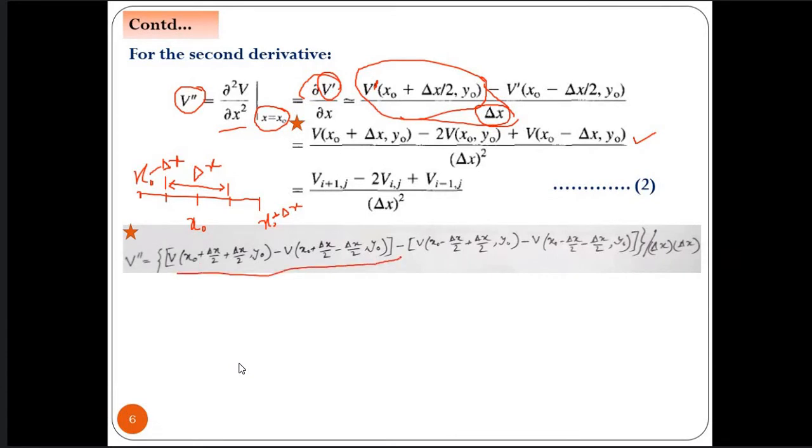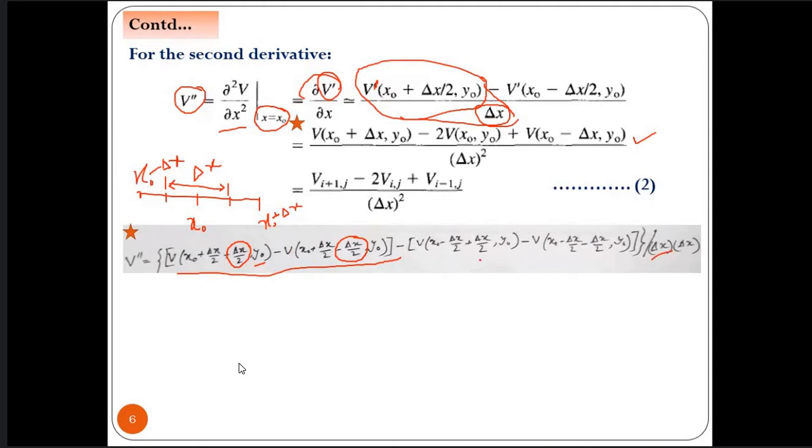Whatever technique we applied for equation number 1, the same thing is applied. V of x0 plus del x by 2. Now you move plus del x by 2 on the right hand side. There will be no variation on the y-axis, so just comma y0, minus v of x0 plus del x by 2. Now you move on the left hand side by minus del x by 2, so it becomes minus del x by 2, and for this there will be 1 by del x.